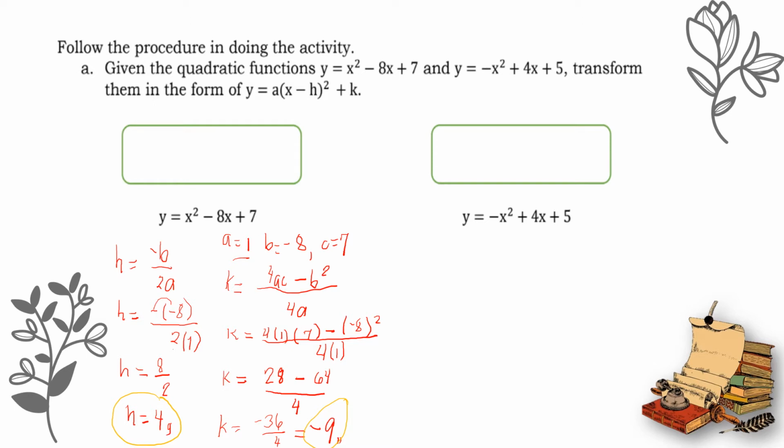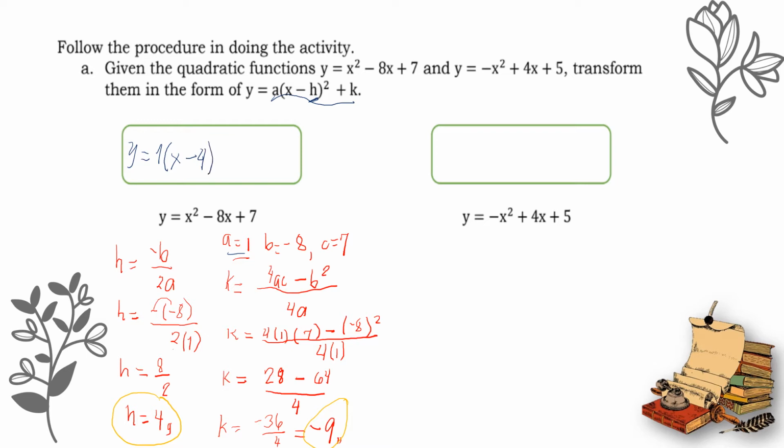So, kapag kinonvert po natin yan into a vertex form, magiging y is equal to, palitan po natin dito. Ang a po natin ay 1. So, isusulat natin, pwede ding hindi na isulat. X, tapos ang h po natin, negative h po ang nasa formula, positive po ang nandito. So, positive times negative, that will become negative 4.